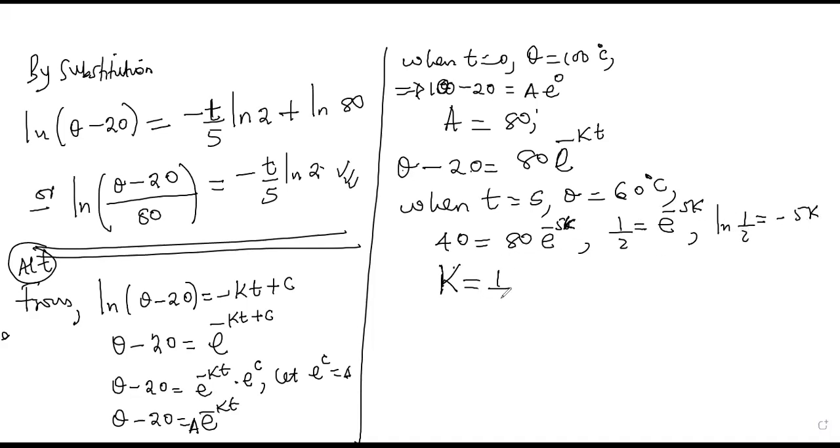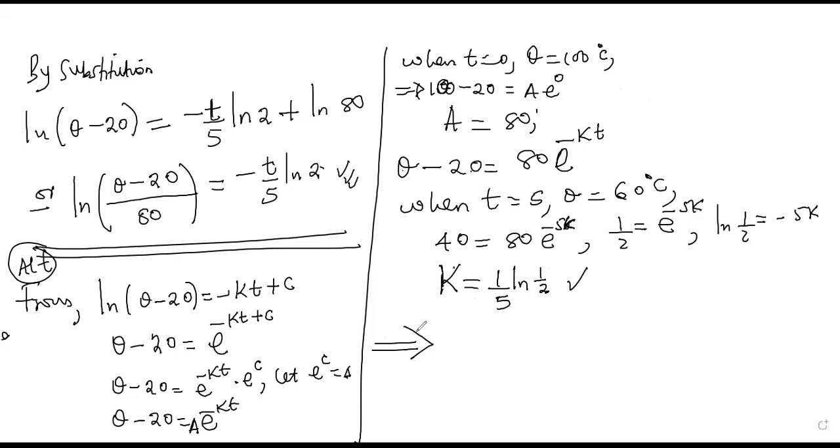So my k is going to be equaling 1/5 ln a half, I guess. So when you substitute for k, and for c, what is this c? We don't have c in this case.